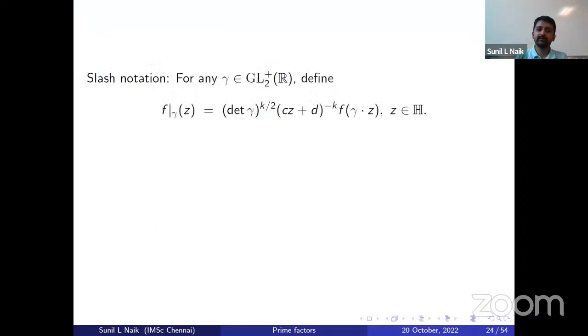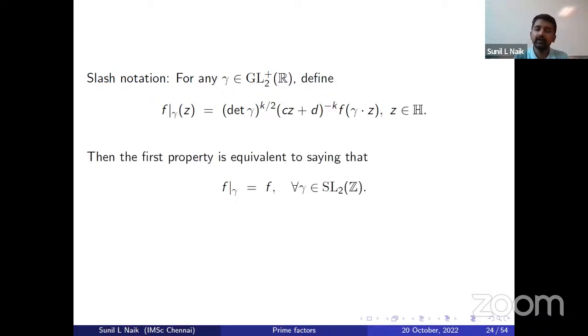Let me also introduce the slash notation. Let GL2+(R) denote the invertible real matrices with a positive determinant. We define f slash gamma at z to be determinant of gamma to the power k/2 times (cz + d)^(-k) times f of gamma z for z in the upper half plane.